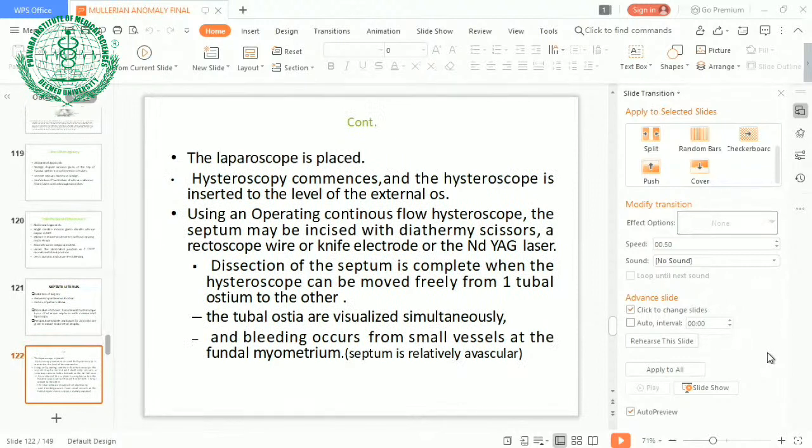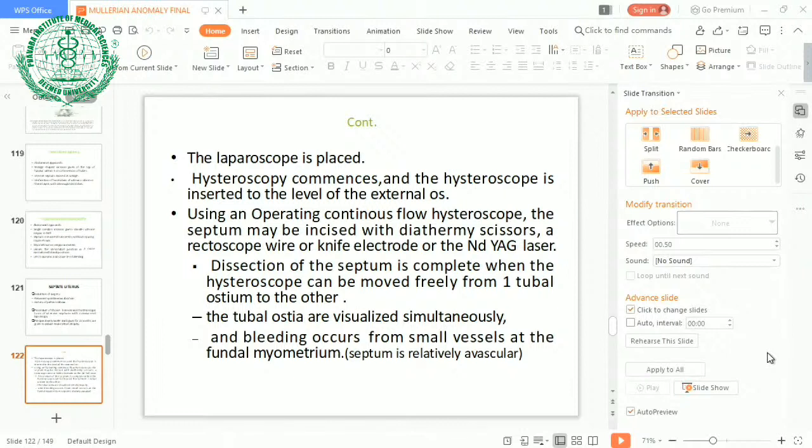The laparoscope is placed, hysteroscopy commences, and the hysteroscope is inserted to the level of the external os. You incise the septum by diathermy, scissors, an electrode, unipolar or bipolar, or by a laser. It all depends on which modality you are using.